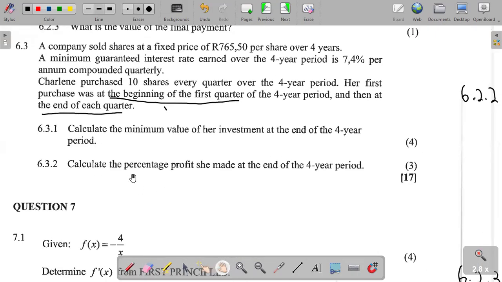6.3.2. Calculate the percentage profit she made at the end of the 4-year period. Okay. So, isn't it we must get the interest?